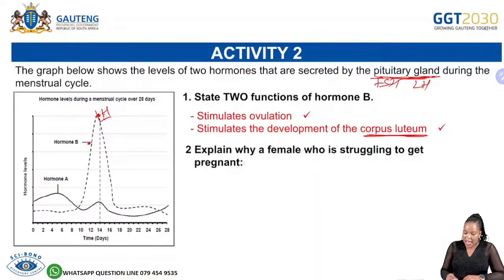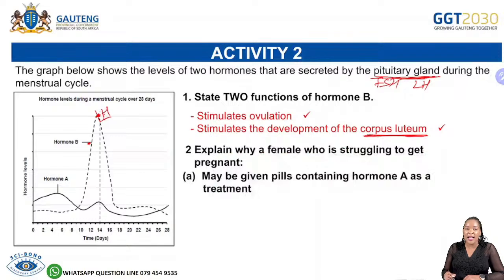Right. Explain why a female who is struggling to get pregnant may be given pills containing hormone A as a treatment. So hormone A, because they said these hormones are secreted by the pituitary, there are only 2. Then hormone A will therefore be FSH, no matter what. So why would a woman who is struggling to get pregnant be given pills that contain more FSH? Remember, FSH stimulates what?